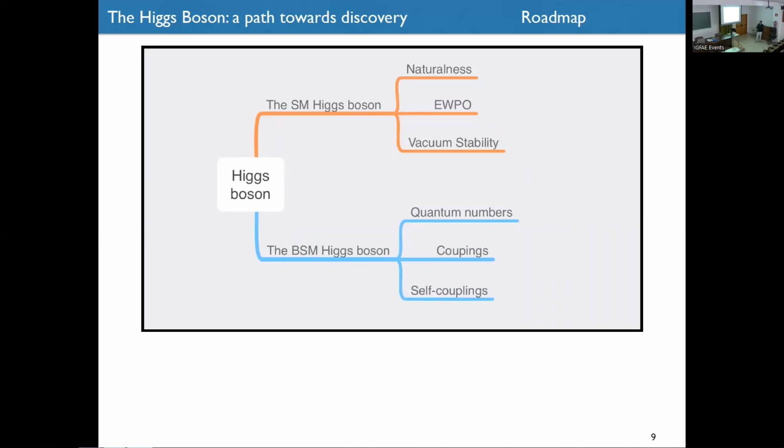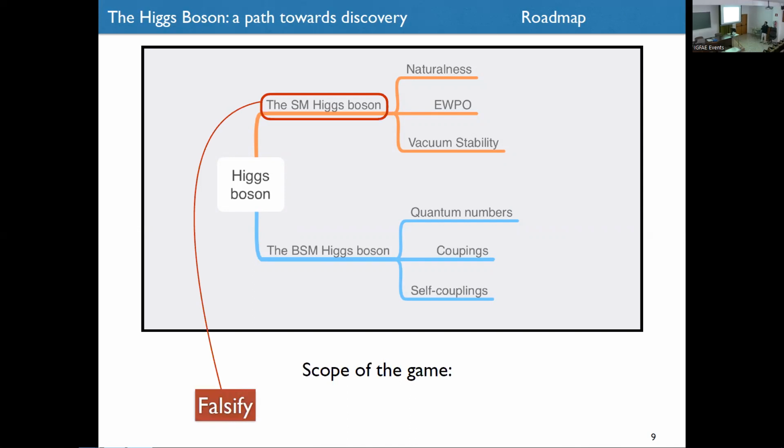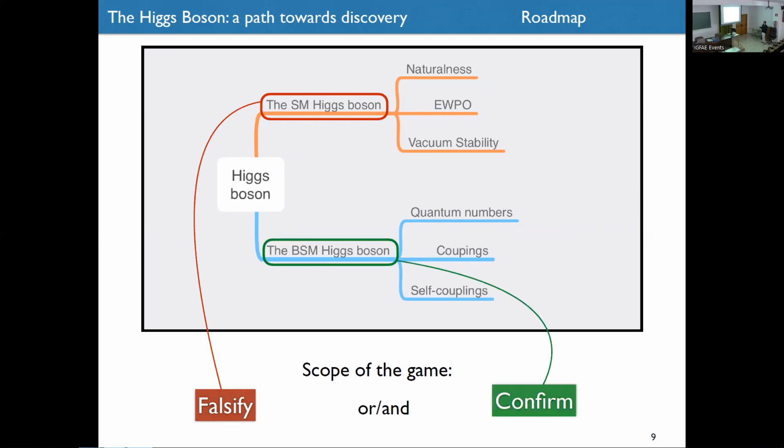We can either hypothesize that it is a standard model Higgs boson, and then try to falsify the hypothesis, so try to find ways where this hypothesis is inconsistent with other observations. Or we can try to use a general BSM Higgs, and try to confirm that this is actually the object that we have.